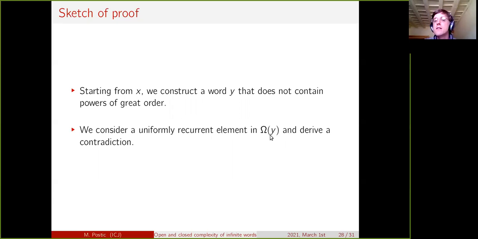And because of one of the theorems we saw previously, since it's uniformly recurrent and with bounded closed complexity, it must be periodic, but then it would contain powers of great order, and then y would need to contain powers of great order, and this is not possible. So, okay, this is the proof.